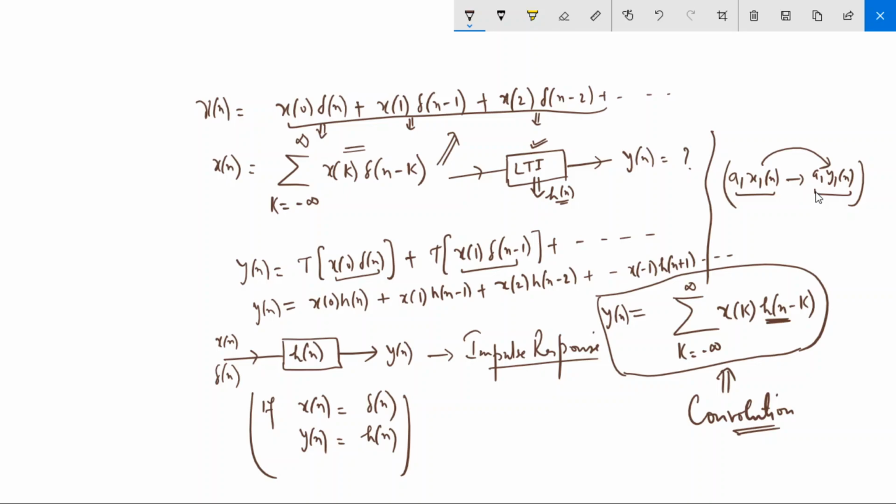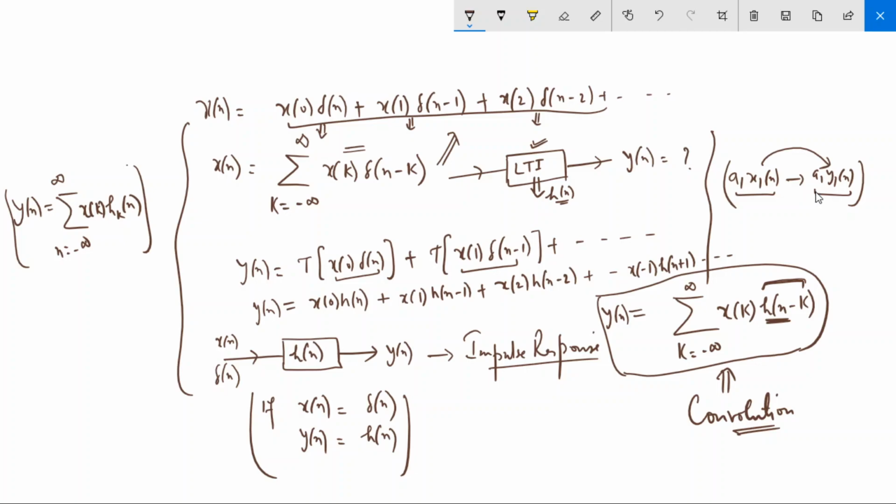So if the system was not time invariant, if the system is time variant, then you cannot have this equation h of n minus k. In that case, which is linear but not time invariant, your output will be something like this: x of k into h_k of n, where h_k of n is the response of the system due to delta n minus k.